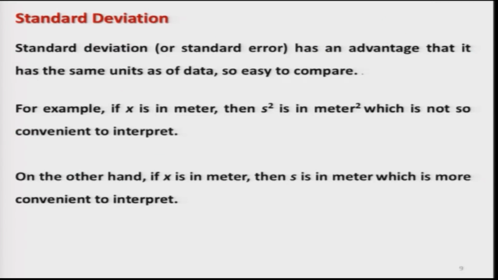Now, the next question comes: what is the advantage of having a standard deviation or, say, standard error in place of variance? Suppose I am collecting data on the height of some children, say in meters. The arithmetic mean will be in meters, but the variance will be in meter square.